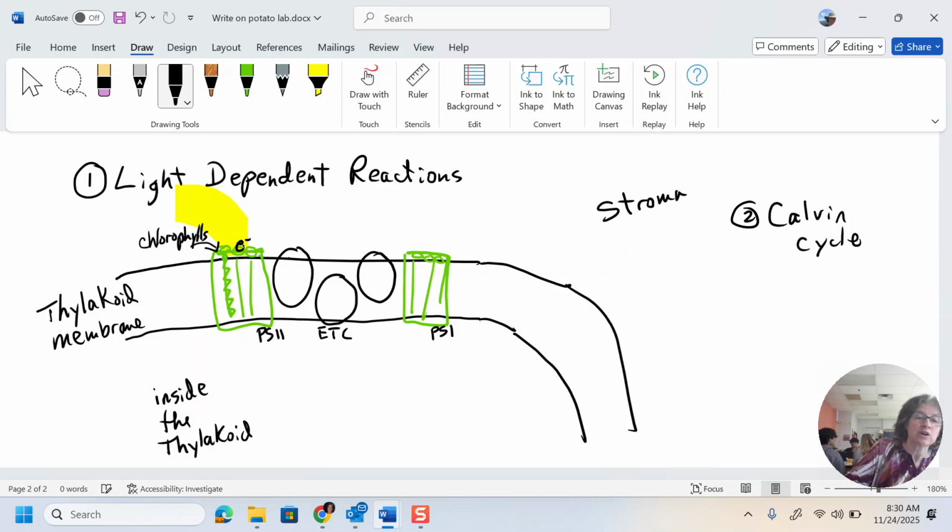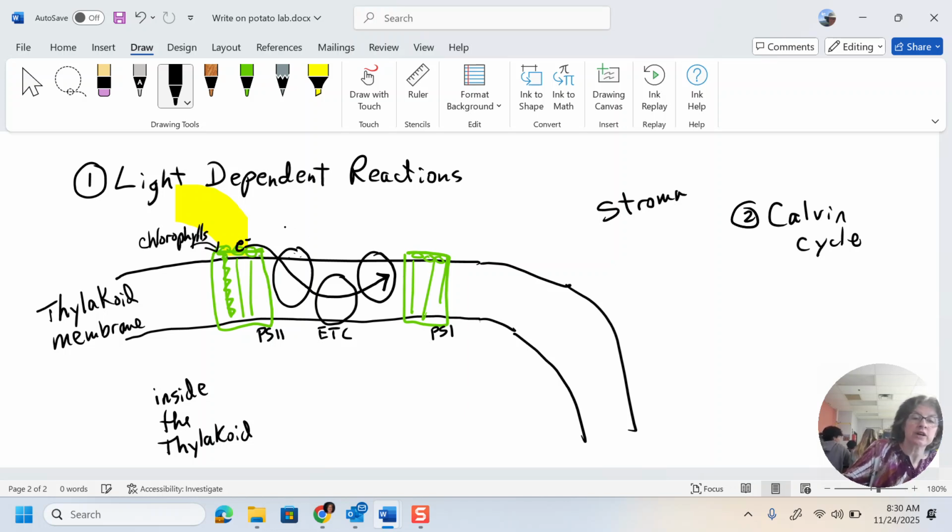And the electron, once it gets excited, is going to flow down through these ETC proteins, right? Just like it did in the mitochondria. Same type thing. And just as happened in the mitochondria, these special ETC proteins have the ability to pump protons.